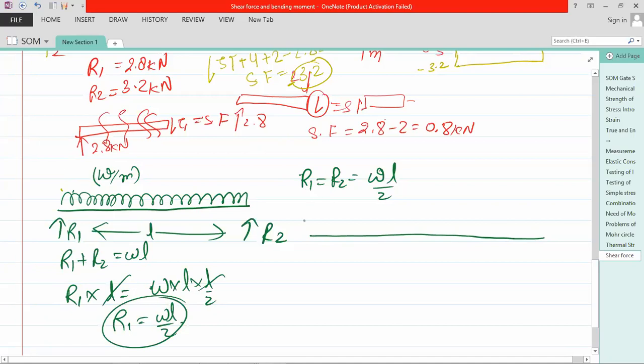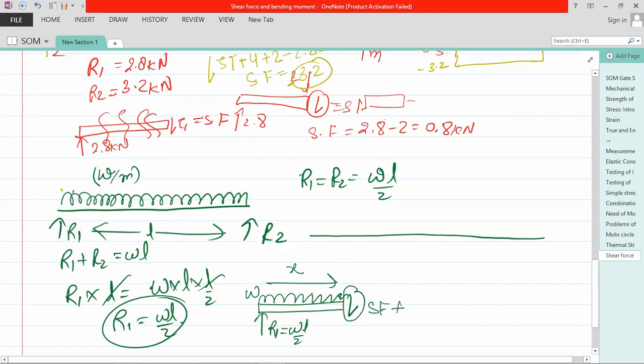Suppose this is your reaction force, and here you have a beam. This is R1, that is WL by 2, and it is w. If you take any arbitrary distance x, what is the shear force? Suppose this is the direction of shear force, SF, that is the positive direction.